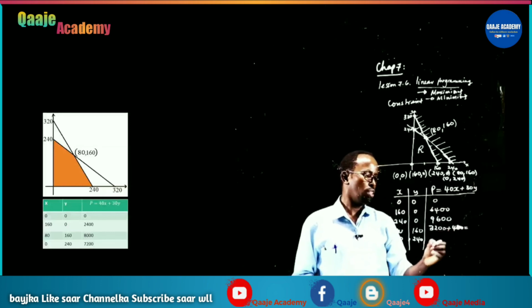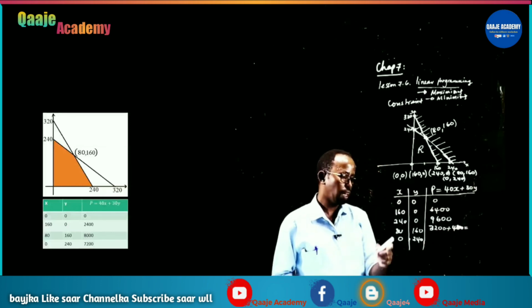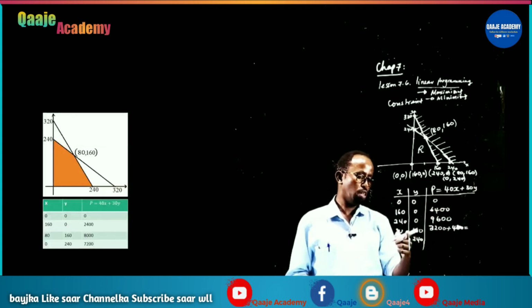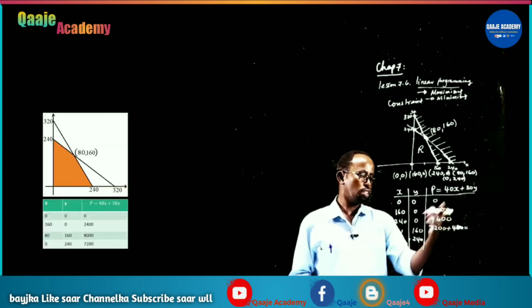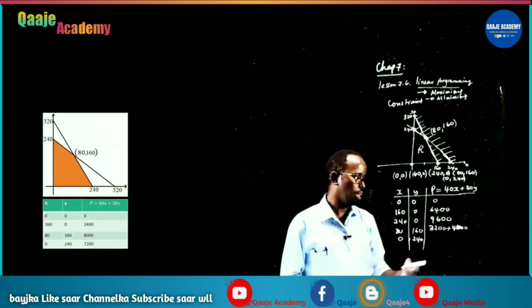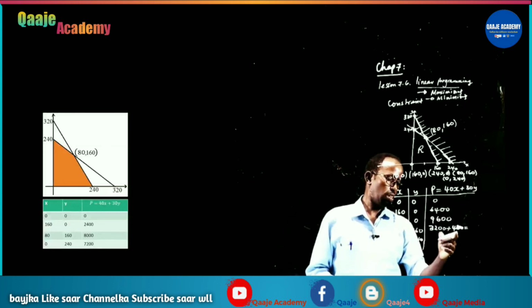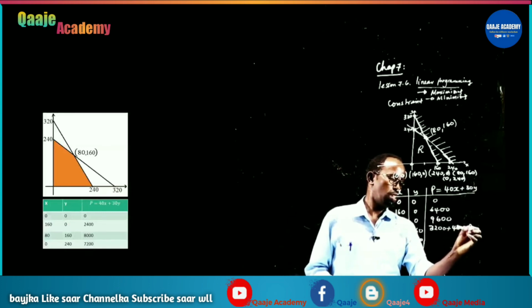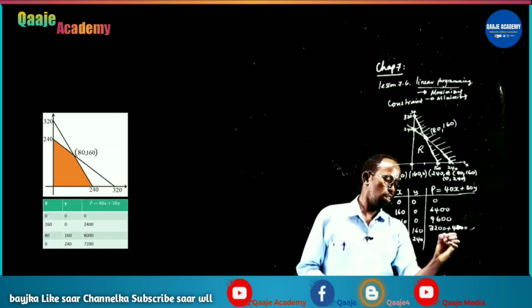Once you add these two together, you get 8,000.